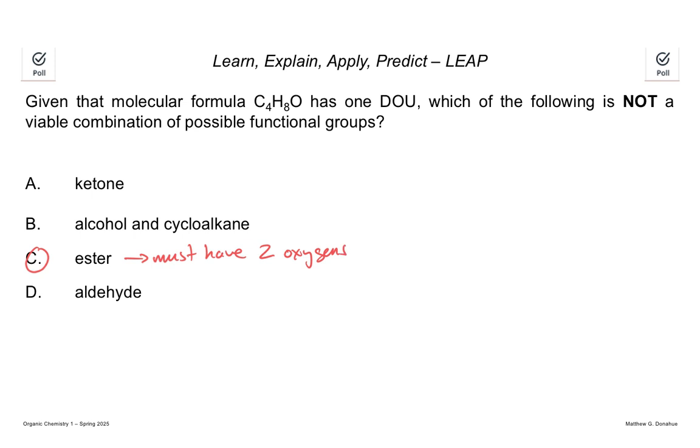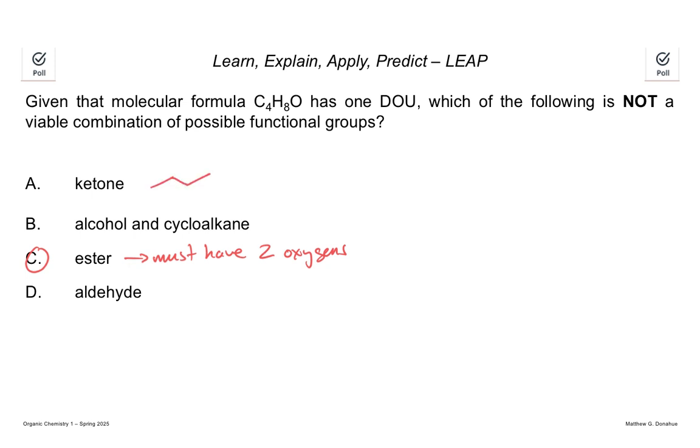So the ester functional group must have 2 oxygens. That's how it's defined. We determined there was only 1. And so what are A, B, and D telling you? They're all possible functional groups you can have within that molecular formula.